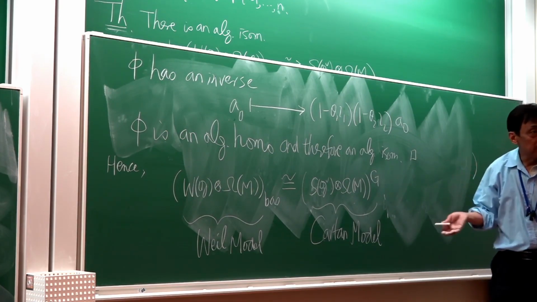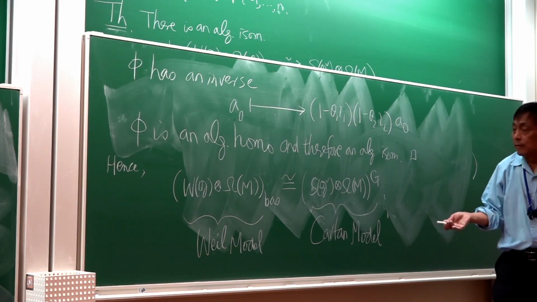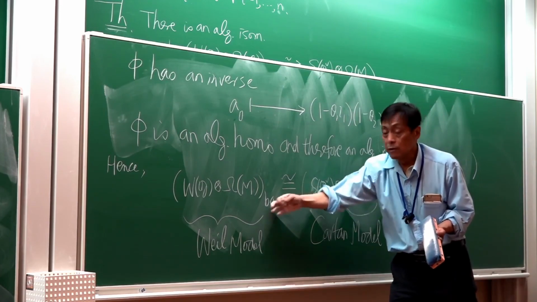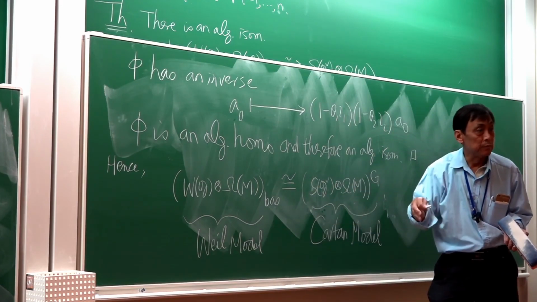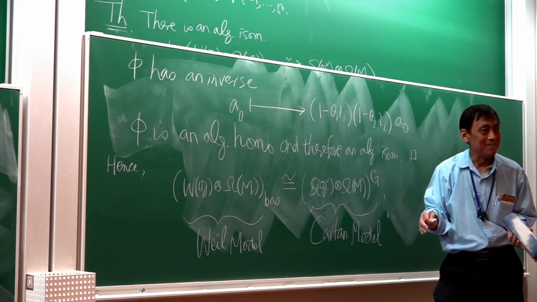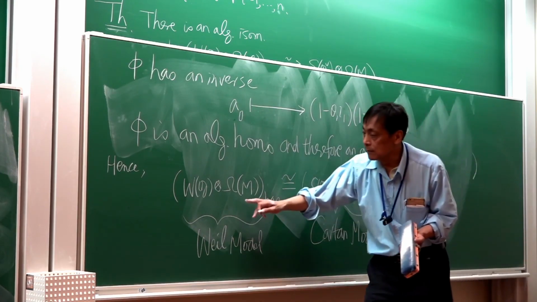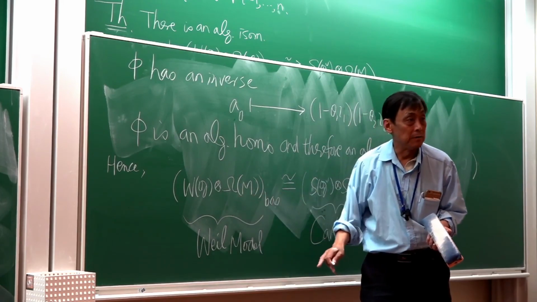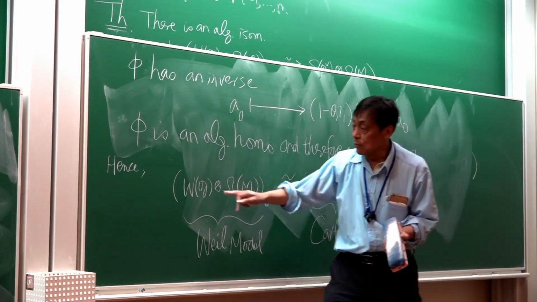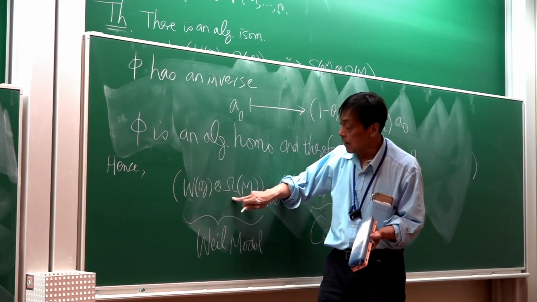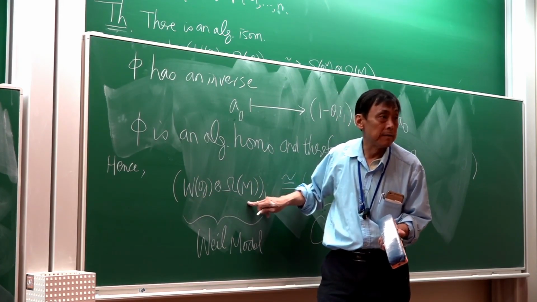And so the equivariant de Rham theorem says that either of them will compute equivariant cohomology. Okay? Now, we already have a differential here on the Weil model because we know how D acts on the Weil algebra and on the de Rham complex.